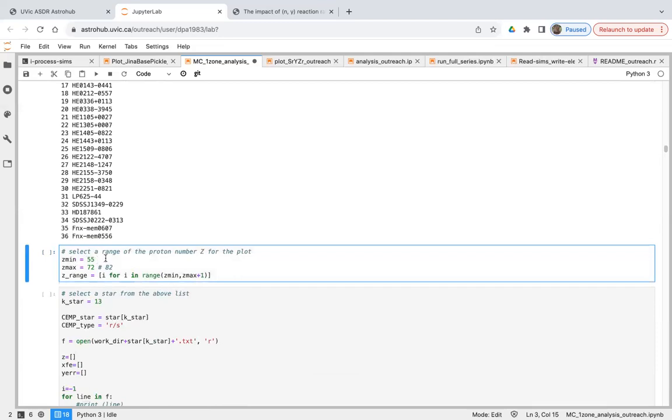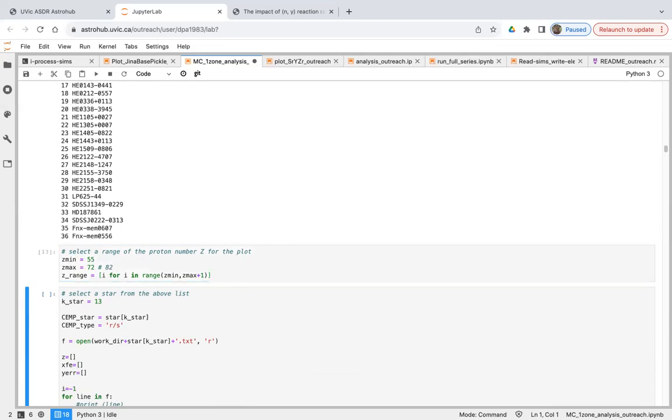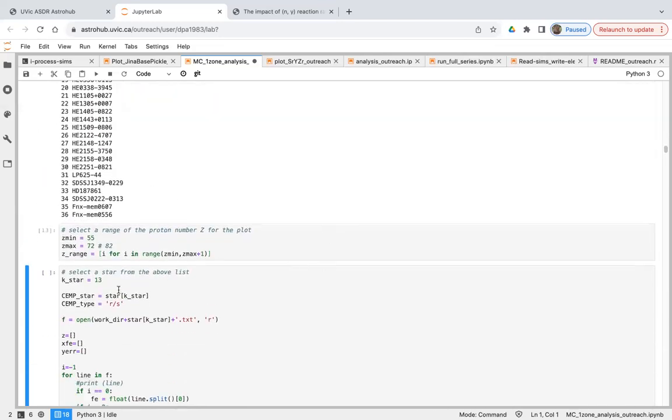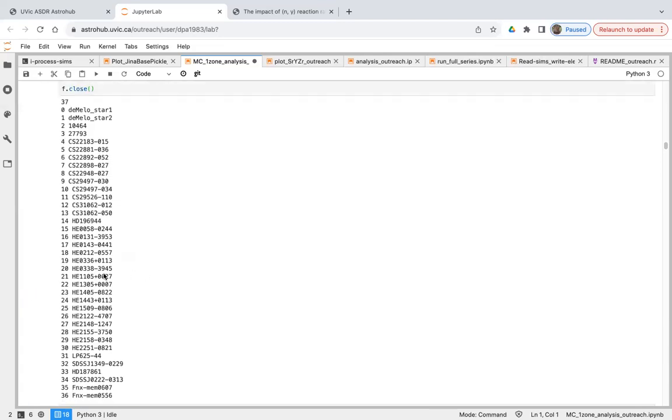Here we select the range of proton number between minimum electric charge 55, which is just before barium, and maximum 72 for the plot. Okay. 82 would correspond to lead. And now we select a star from the list above. So our favorite star is number 13, this one, CS31062-050.